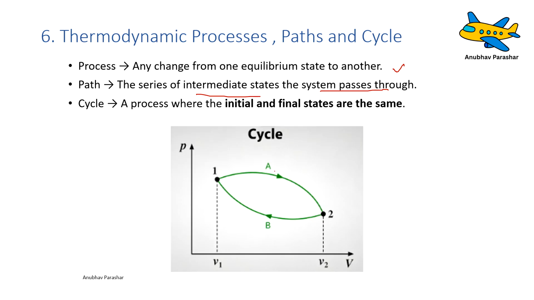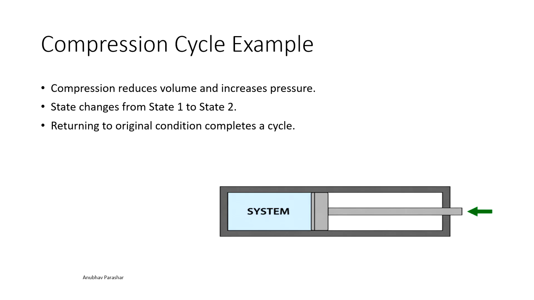And if the initial and the final states are the same, for example, the system goes from 1 to 2, and then returns from 2 to 1, you can see the initial state and the final state are the same. State 1 is the initial state and 1 itself is the final state. We say this is a thermodynamic cycle. Let us take the example of a thermodynamic cycle once again. Initially the system was at point 1, the equilibrium state 1.